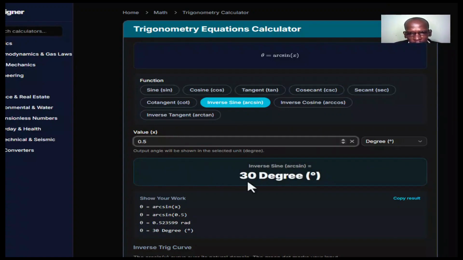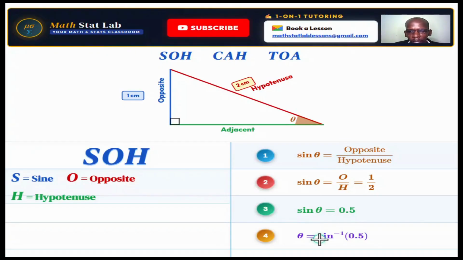The inverse of that sine becomes 30 degrees, and therefore, if we come back to our question here, it means the angle here becomes 30 degrees. And that's how we use the first part, SOH, which basically means sine is equal to opposite divided by hypotenuse, to find the missing angle here.